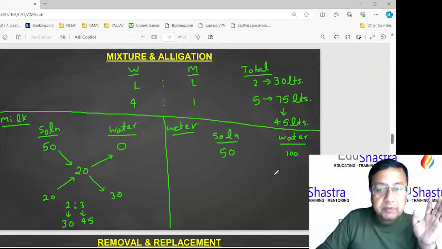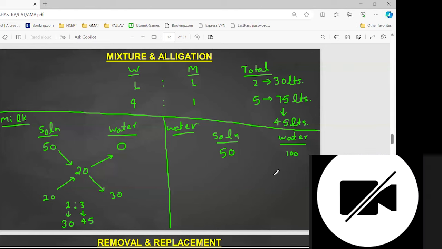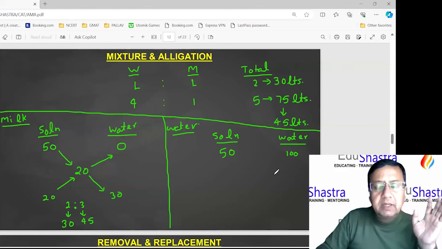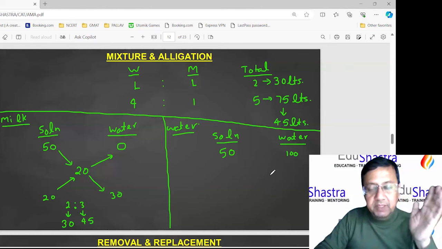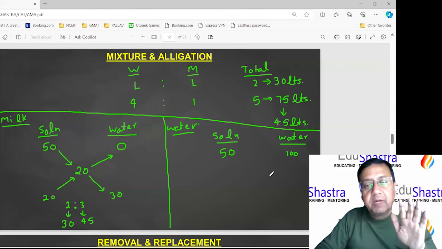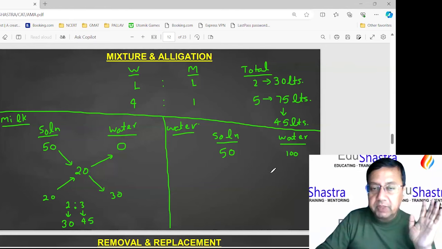What are you saying, Nirupam? Sir, milk. Sir, we have to put milk here. No. See, the second part, I am taking water as the basis. The first half is based on milk and the second part is based on water value, right?